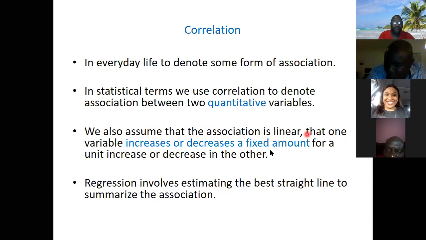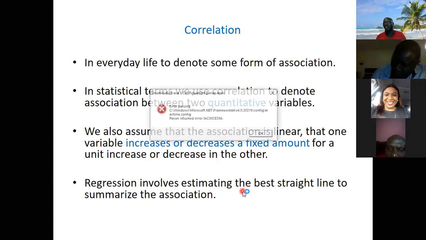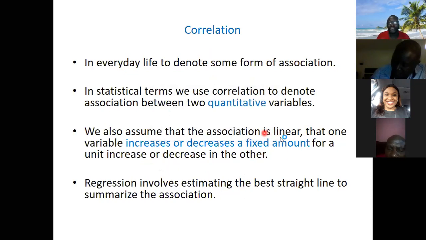That is, one variable increases or decreases by a fixed amount for a unit increase or decrease in the other. For example, if one increases by 2 and the other increases by 3, then when the first increases by another 2, the other will increase by another 3. So in a fixed manner.